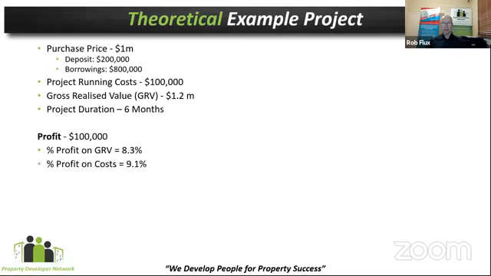Now, if we look at the percentage profit on costs, again, profit is 100,000, but the costs will be the purchase price of 1 million plus the running cost, which is 100,000, so 1.1. So it's actually 100,000 divided by 1.1 gives us a 9.1% return. Still the same $100,000 cash. And that's the point that I'm trying to make here, is that when you ask the question as to how much profit did you make, one person might tell you 8.3, next person might tell you 9.1.